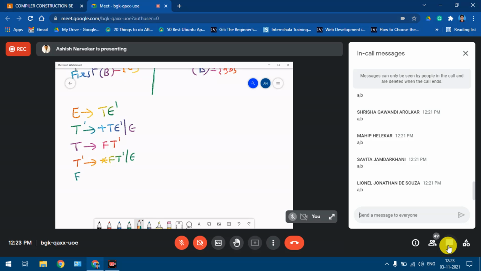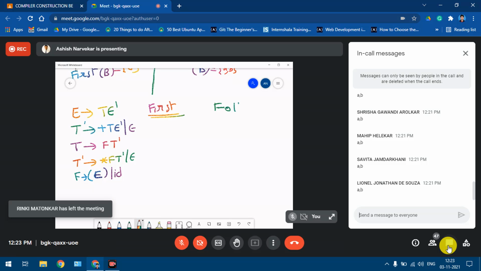Please start solving. You'll have to find the first and follow sets of these grammar rules. So this will be the first set, I'm just writing on top as headers, and this will be the follow sets.